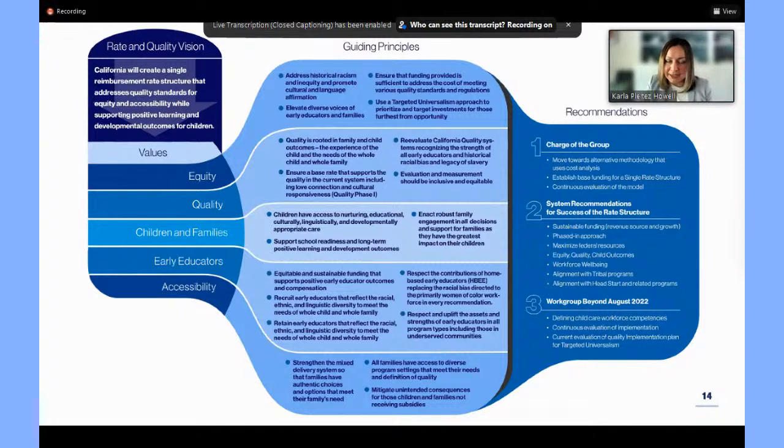The second piece of the recommendations are, in order for the single rate structure and the alternative methodology to work in the state of California, there are recommendations that support that. So that includes a sustainable funding source. And we heard that again today as you all were discussing the different phases.